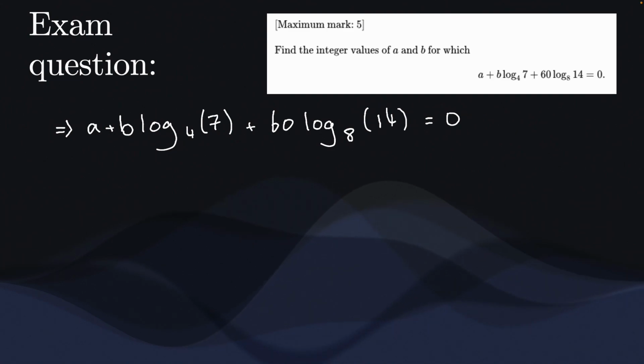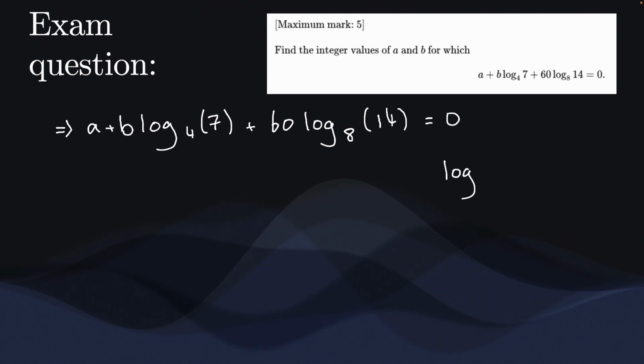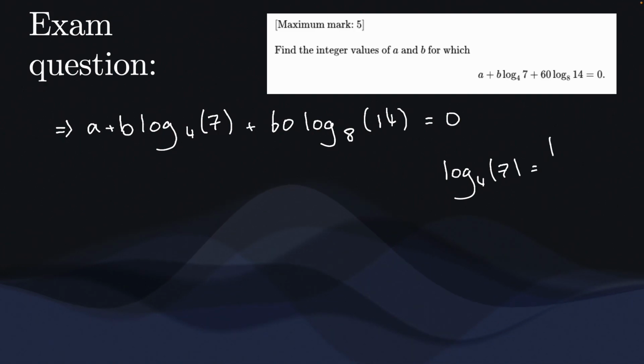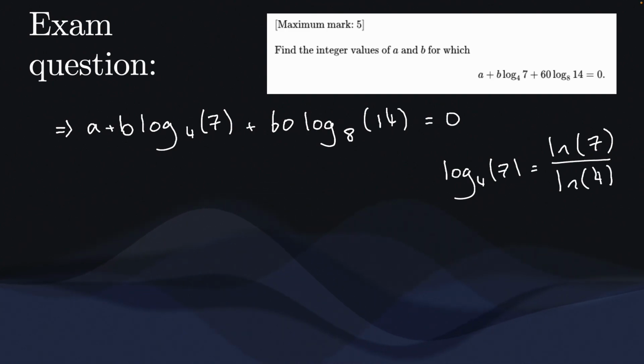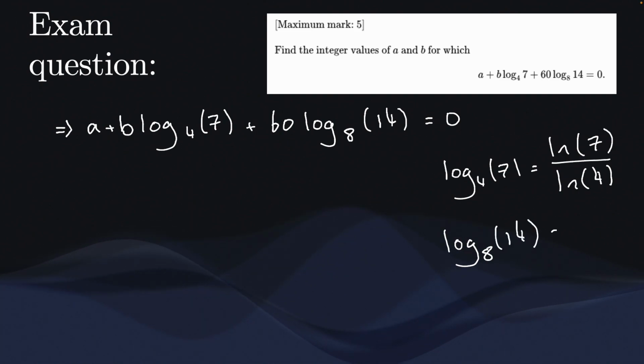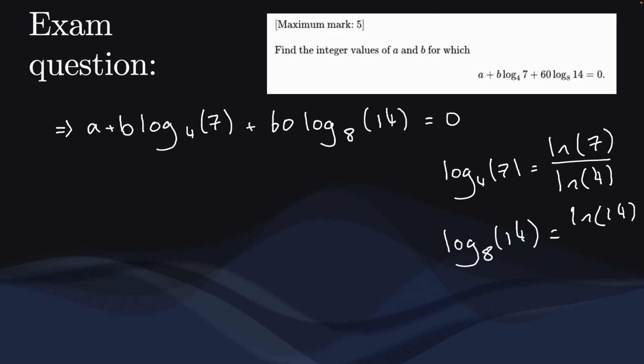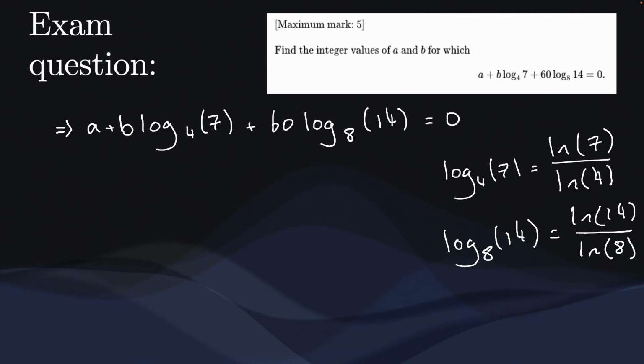Just for simplicity, I'm going to use ln. So we can say that log base 4 of 7 is equal to ln of 7 divided by ln 4. Feel free to go back and look at the change of base rule, but essentially that's it. And therefore log base 8 of 14 is equal to ln of 14 divided by ln of 8. And that's it.